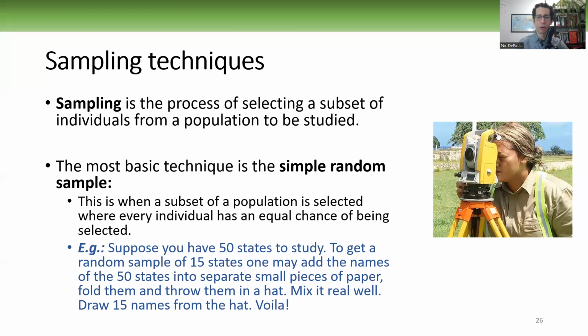Well, we may write the names of all the 50 states on small pieces of paper, put them all into a hat, mix it really well, and then retrieve 15 pieces of paper. In this way, we can actually simulate random sampling. And this is called a simple random sample of a population.